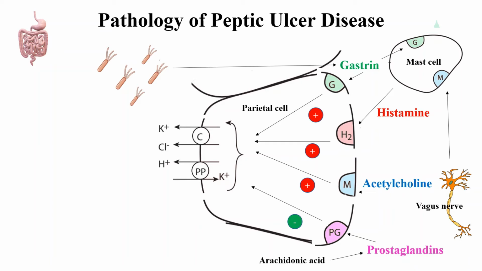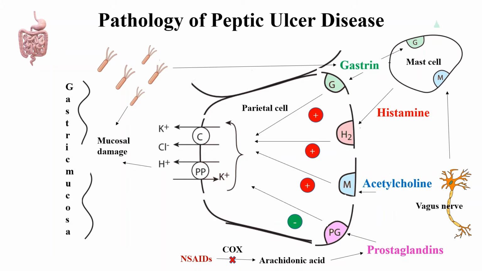They increase the mucus secretion and also bicarbonate secretion. So NSAIDs, by reducing the arachidonic acid formation, because they are COX inhibitors, decrease the prostaglandins and that leads to peptic ulcer disease. So all these put together, it causes a gastric mucosal or duodenal mucosal damage that causes the peptic ulcer disease.